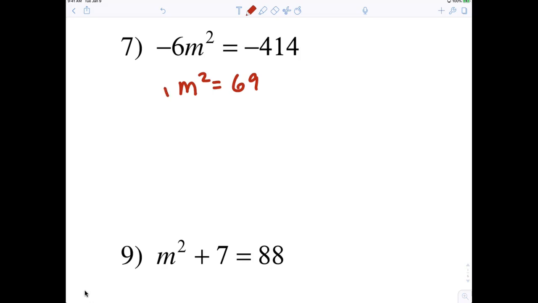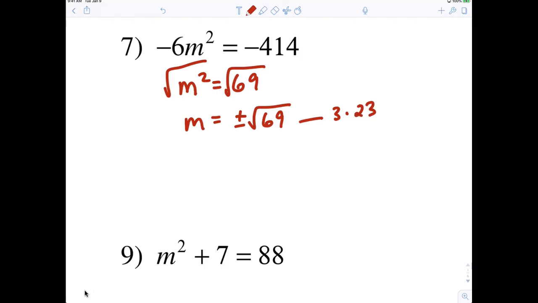Take the square root of both sides. All right, now, 69 is the same as 3 times 23. So are there any perfect squares? No. So it's just plus or minus the square root of 69. Any questions? All right.